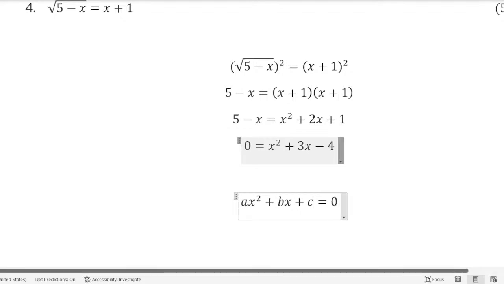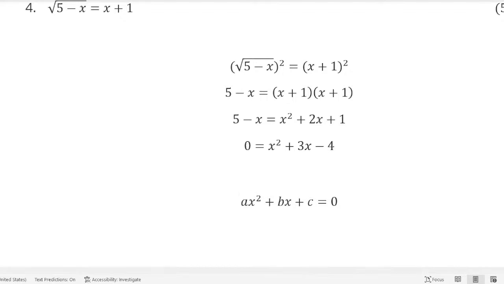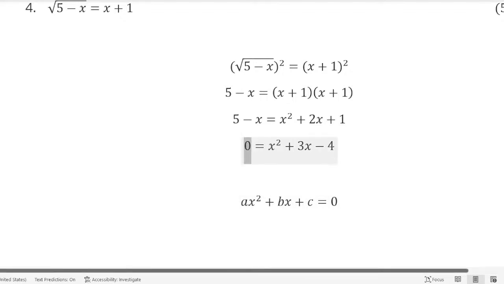It should always be in this form. A quadratic equation in this form. So now let's write it. 0 is equal to x squared plus 3x minus 4, in the form of ax squared plus bx plus c is equal to 0.